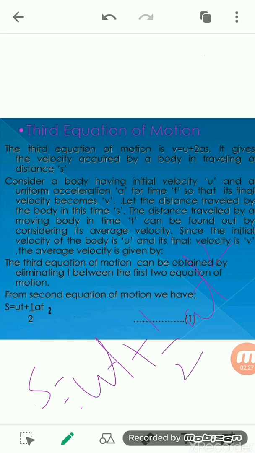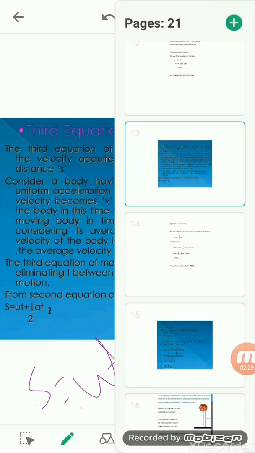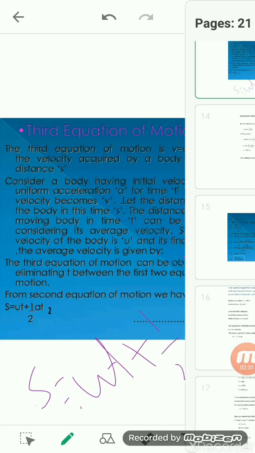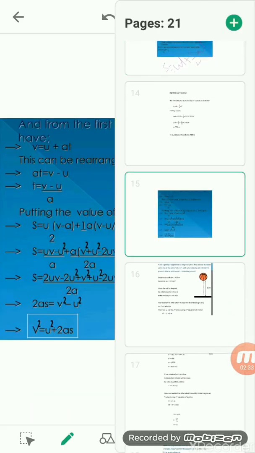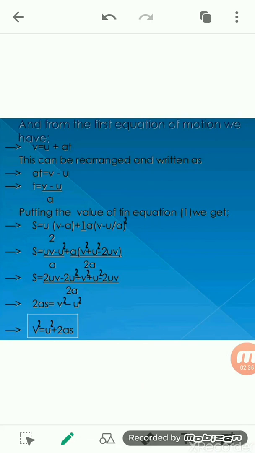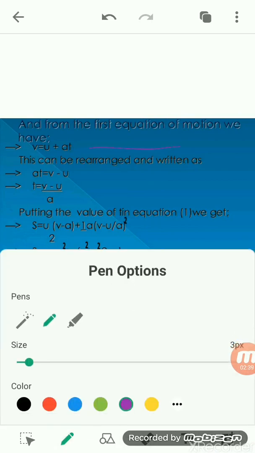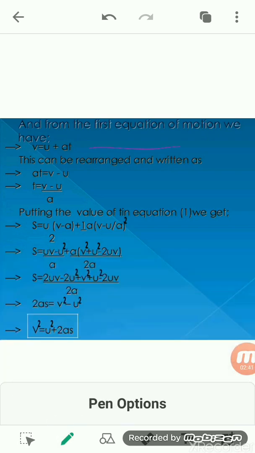Okay, so this is the first one. And from the first equation of motion we have v is equal to u plus at. The first one is s is equal to ut plus half at square. The second one is v is equal to u plus at.